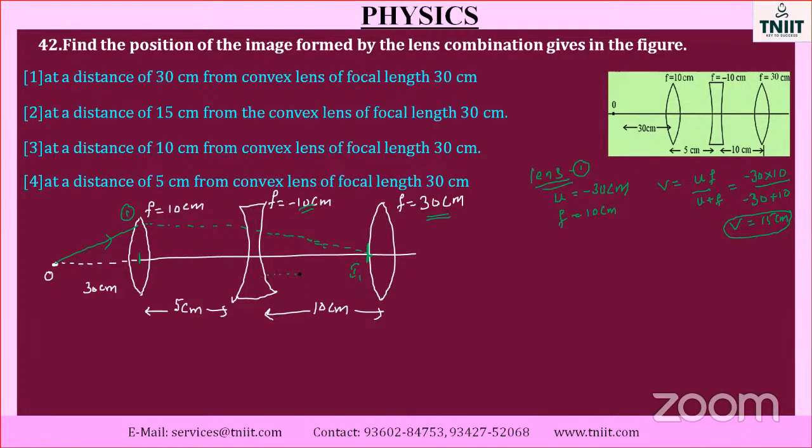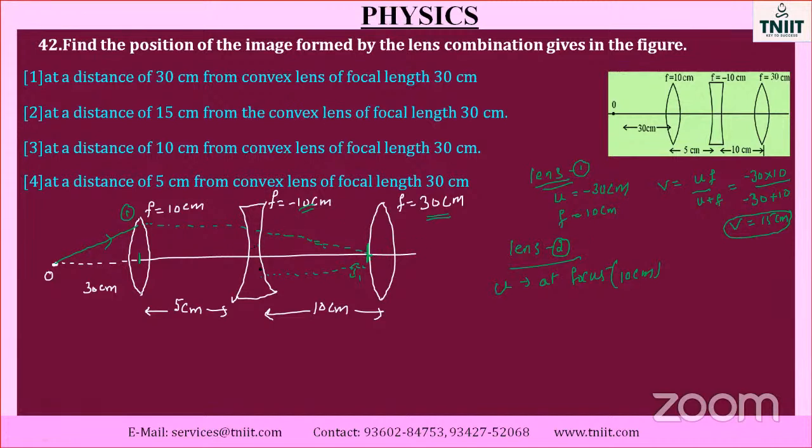So from here it is 10 centimeter, which means for the second lens, the object U will be at focus, that is 10 centimeter. The first image is formed at 15 centimeters, and that image will act as the object for the second one.